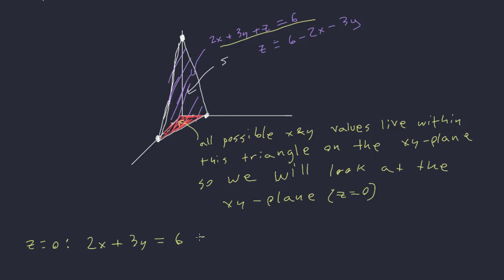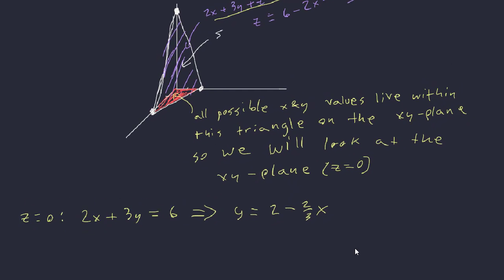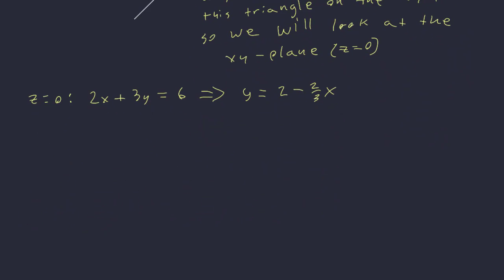All right, and then if I move the x around and divide by 3, we'll get y is equal to 2 minus 2/3 x. Okay, so we get a line on the XY plane, which is essentially what I hope we should have expected, because what we ended up with was a triangle when we were looking at the XY plane.